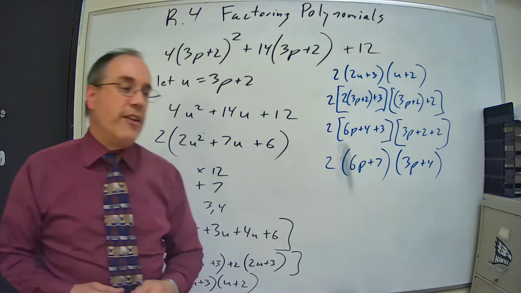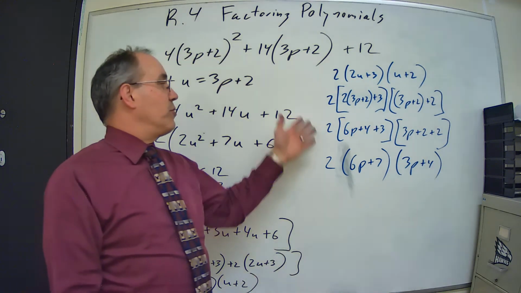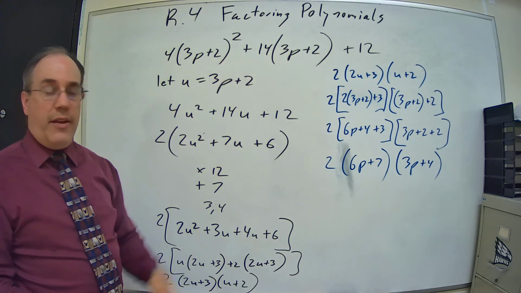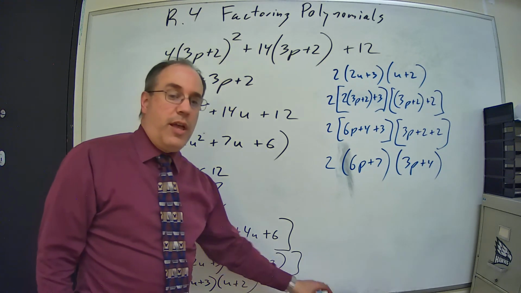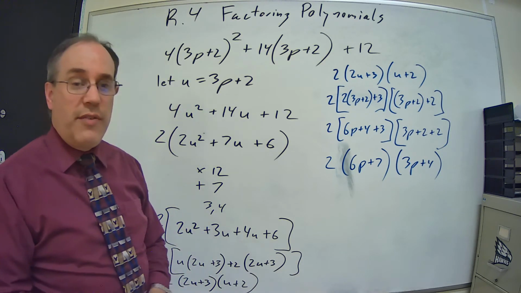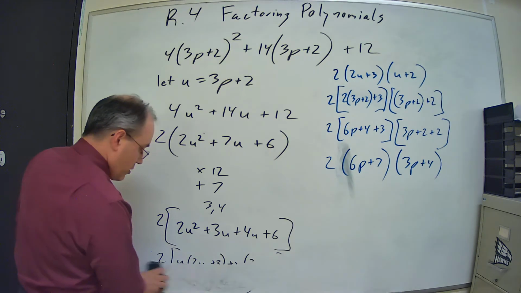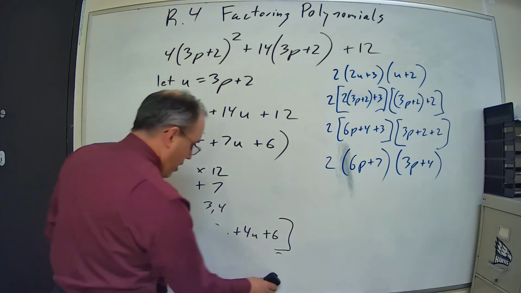So that's our final method for factoring polynomials, is sometimes we have something big and ugly and we can simplify it this way. A lot of times what you'll see is even things where you have not as ugly as this, but you just kind of look at it and go, what?